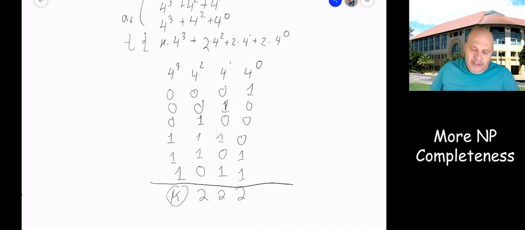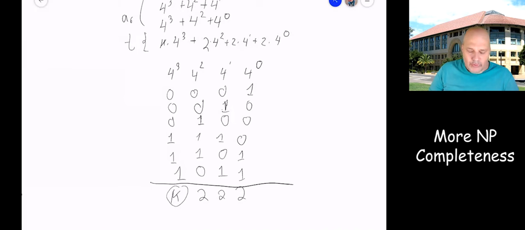Therefore, when we sum these numbers, they will never exceed 4, and will never affect the place above it. So if we sum up 4 to the I, it will never reach 4 to the I plus 1. So we can think about it as summation mod 4.